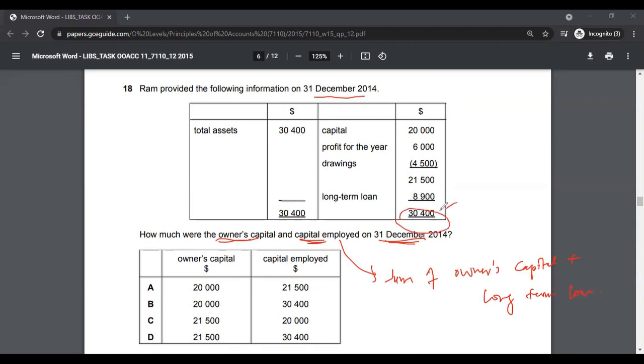So this number here is capital employed, and this number here is share capital or the owner's capital. So the answer to multiple choice 18 would be option D.